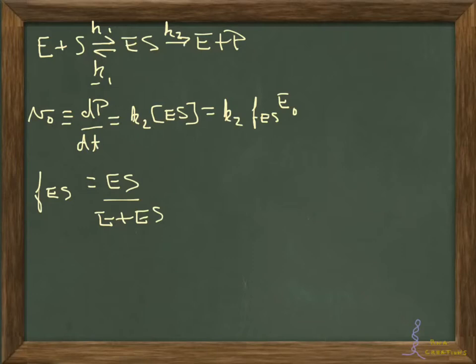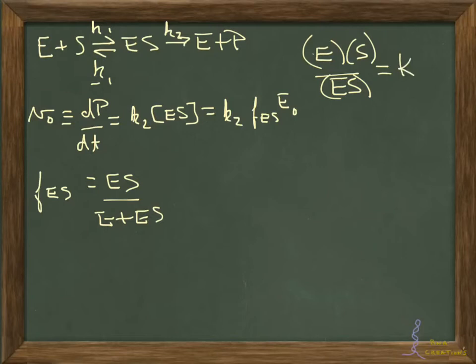Let me just fix something here. So we're still going to write down and use the equation that we did last time, and that is that E times S over ES is equal to the Km. That's from our last set of notes. And so how can I connect these two equations, guys?